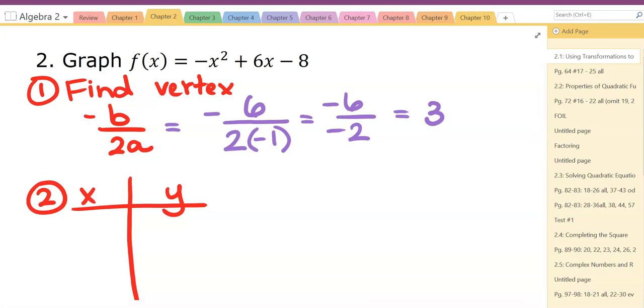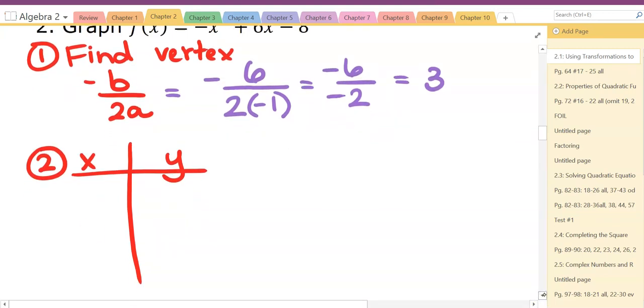Then you have to pick a couple points above and below that. I just did 1, 2, 3, 4, and 5. If you're not finished with your chart, go ahead and finish that now.